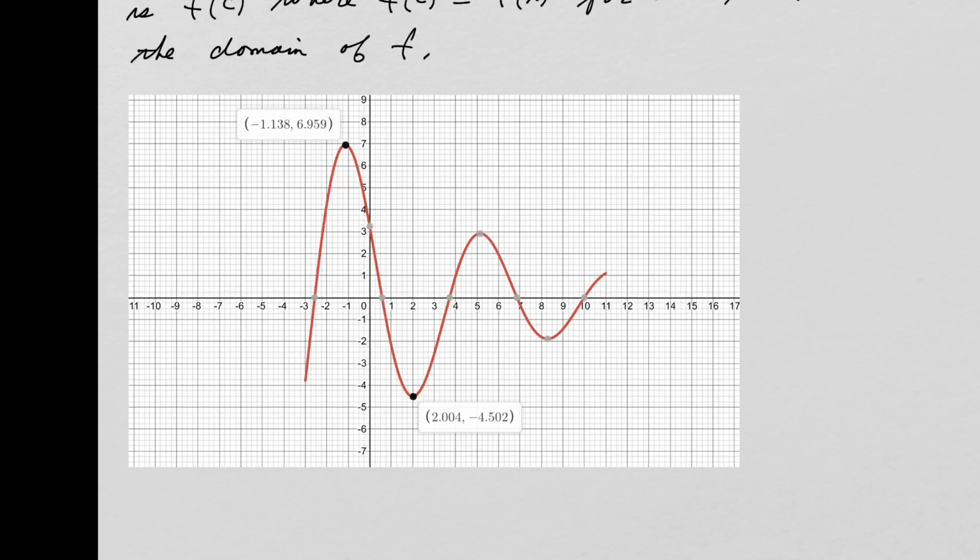So the absolute minimum is negative 4.502, and it occurs at the x value of 2.004. So that's the absolute maximum and absolute minimum of the entire function.